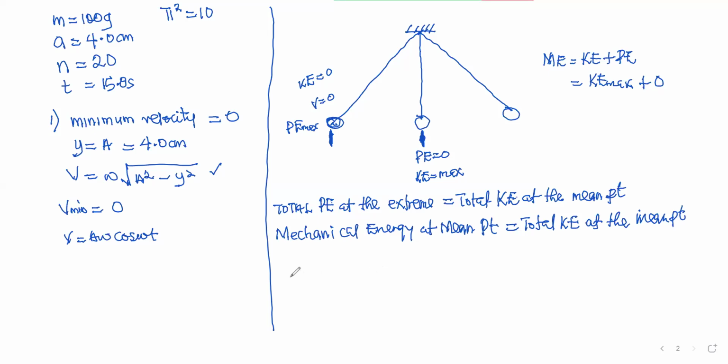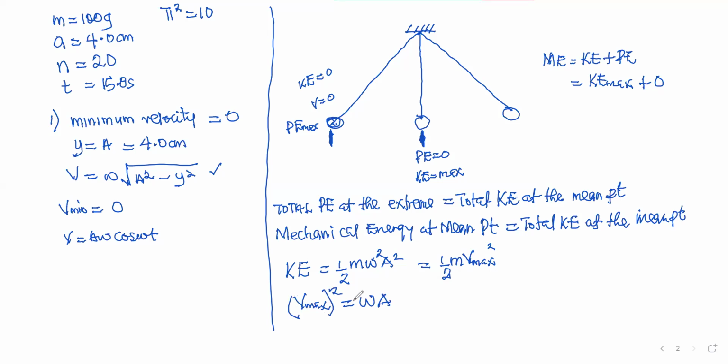So what will be the total kinetic energy at the mean point? KE is equal to half m omega squared times A squared. Or you can express it as half m v maximum squared. But what is v maximum? v maximum is equal to omega times A, and this is squared.